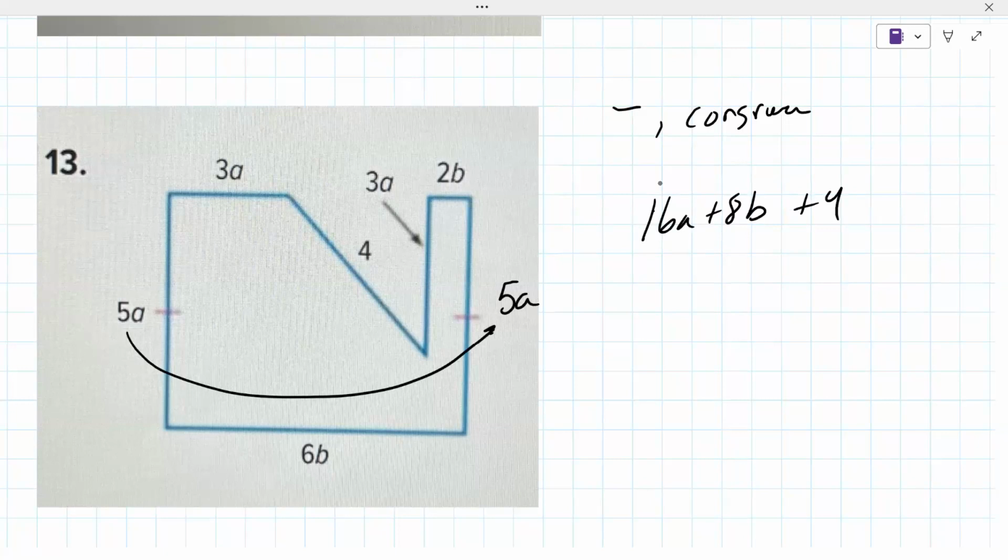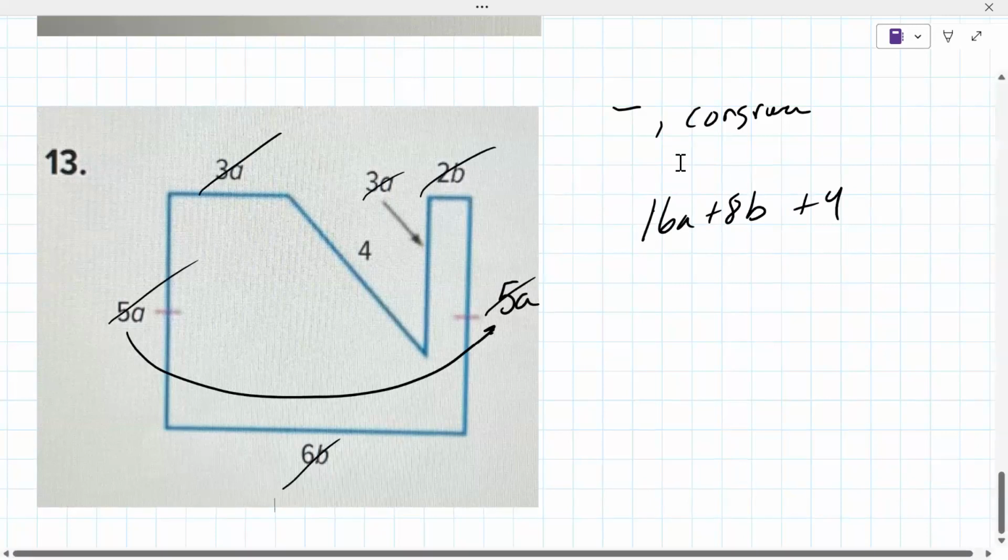Like this. Yes. All right. So those three. Yep, looks good to me.